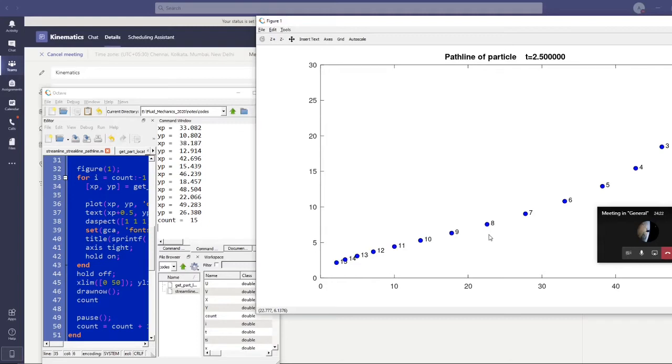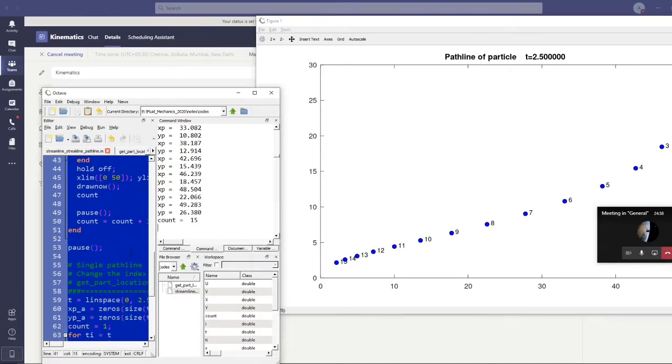Yes, sir. And now I will show you how this streak line, that is, the line joining 1, 2, 3, 4, 5 up to 15, would be different from the path lines. So let us go to the program.